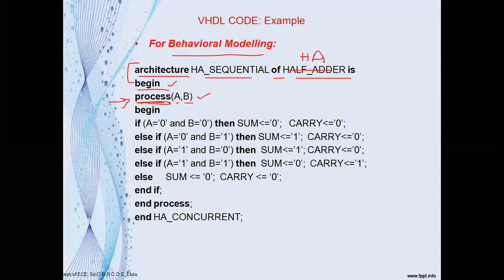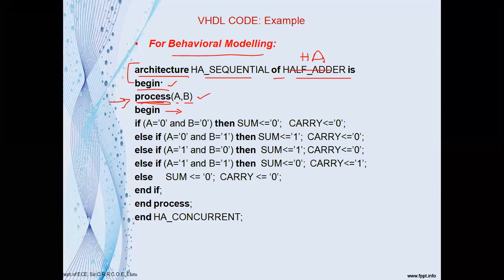So it must start with the process. And after this process, you will state the variables which are to be processed, and then it again starts with the keyword begin. So what is the difference between this begin and this begin?